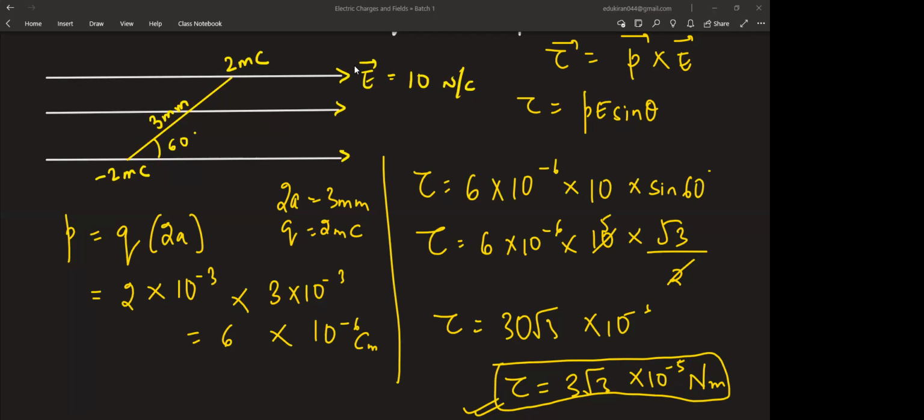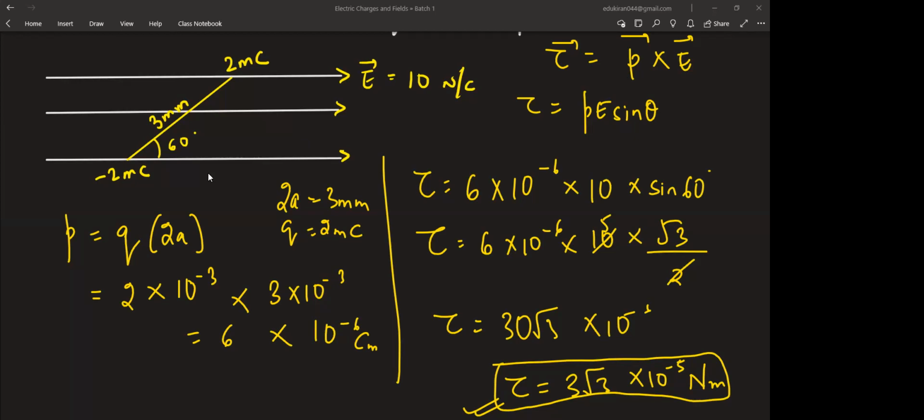See, Mariam, in this question, you have electric field as 10 Newton per coulomb. Charge is 2 millicoulomb. So the formula of torque is dipole moment multiplied by electric field. Electric field, you know already, it is 10. But what about the dipole moment?